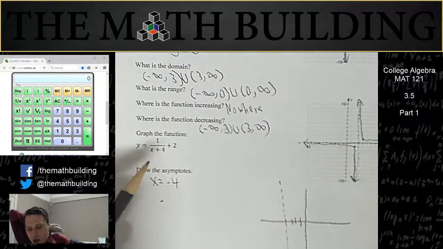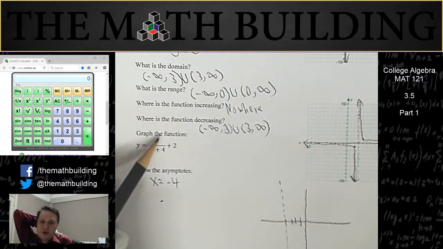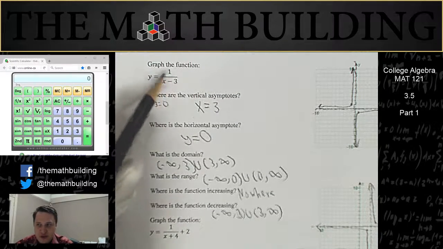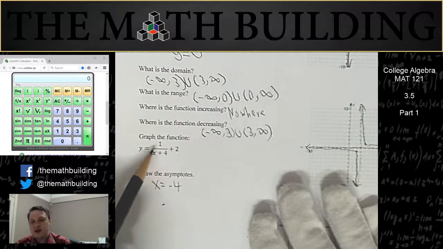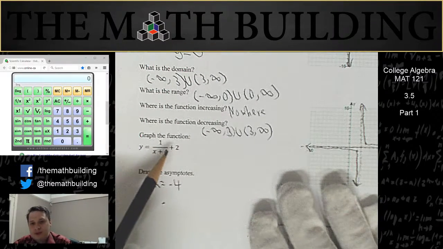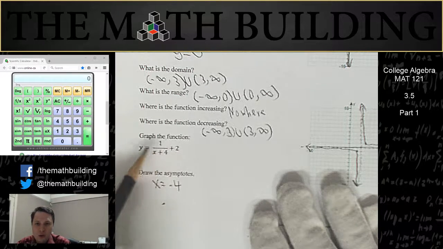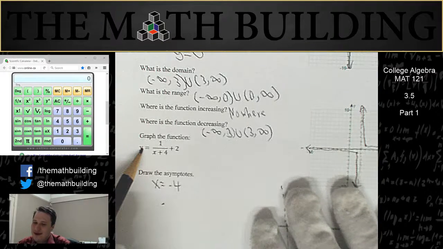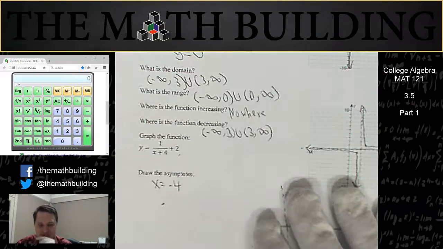Now, we know this is kind of tricky, so bear with me here. Would you agree with me that this fraction is never going to be 0? Like with this one, we know that this fraction was never going to be 0 right here. So this fraction is never going to be 0. What does that mean about y? If this can never be 0, what can y never be? Y can never be 2. Make sure you really think about that.